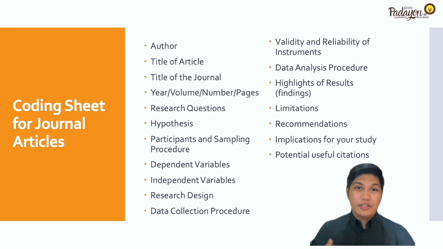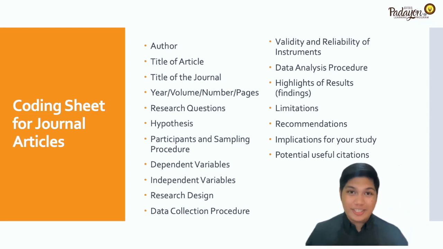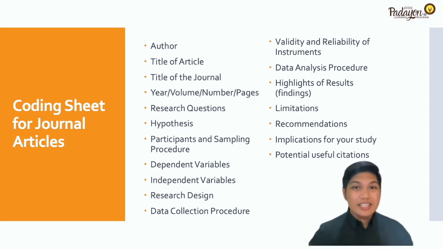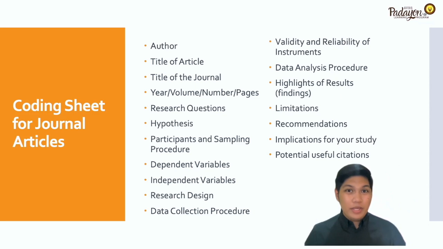Continuing the discussion for the locating of relevant sources is what we call the coding sheet for journal articles. This is not a step, okay? This is actually part of doing the locating of sources.